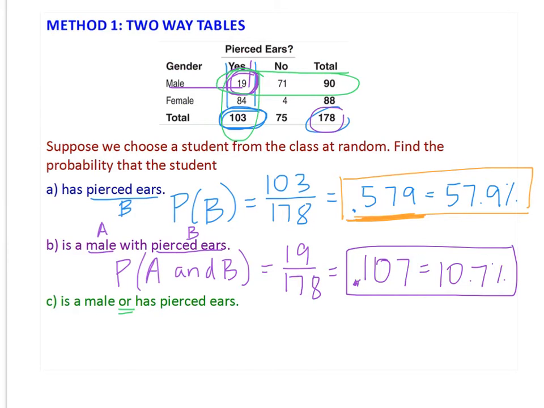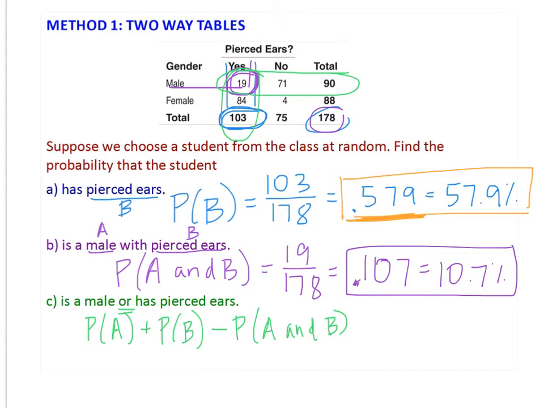Well, if I think back to the formula we had in class, I would do the probability of a male, which we'll call event A, plus the probability of pierced ears, which we'll call event B, divided by the overlap that they're both, or they're a male and they have pierced ears.